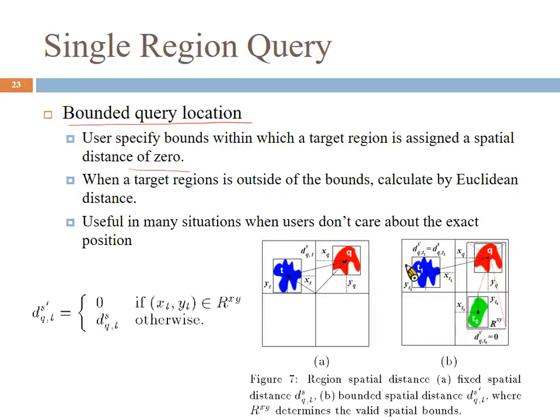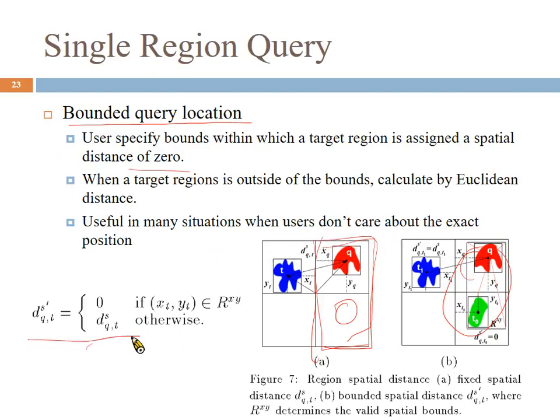For example, we can assign that any red region located at the right part would be fine for our query, and its spatial distance to the target would be 0. When the target region is outside the bound, we calculate by Euclidean distance. However, if the target region is inside the bound, then the spatial distance is set as 0. This is useful in many situations when users don't care about the exact position.